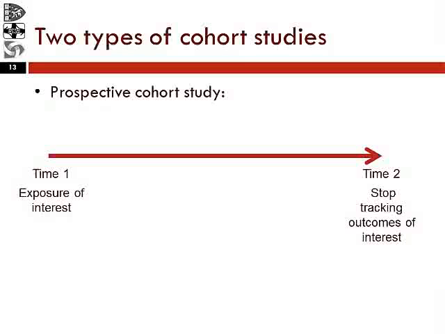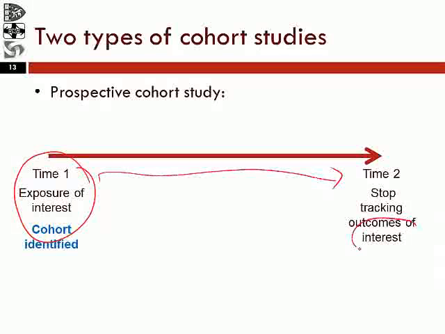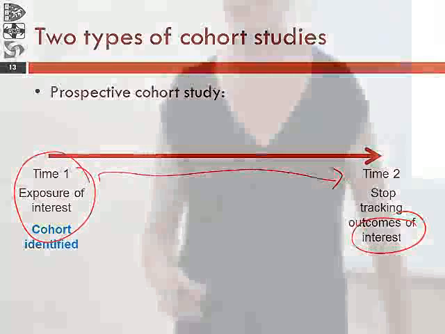So I want to describe to you how they are different. For a prospective cohort study, you start at time 1, and you identify individuals who are in your cohort. So I start today and I say, here are 100 people and they are in my cohort. And then I follow those people over time until I measure the outcome of interest. So for a prospective, I start today and I look to the future and I measure the outcome.